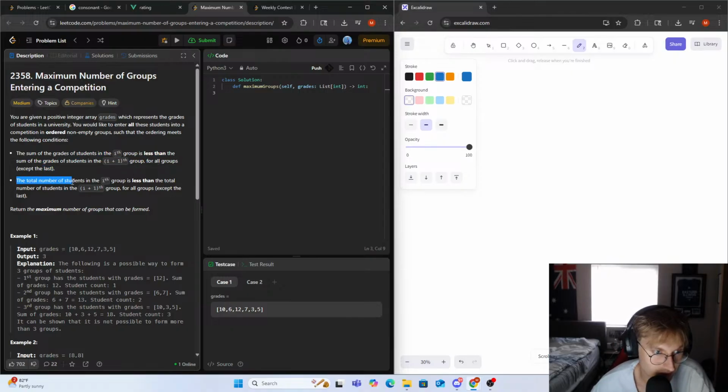The total number of students in the ith group is less than the total number of students in the i+1th group for all groups except the last. Return the maximum number of groups that can be formed.